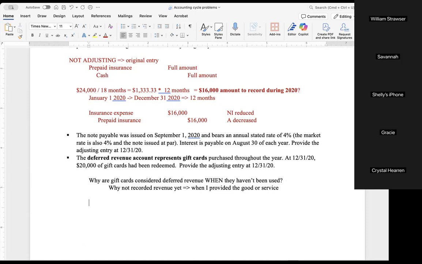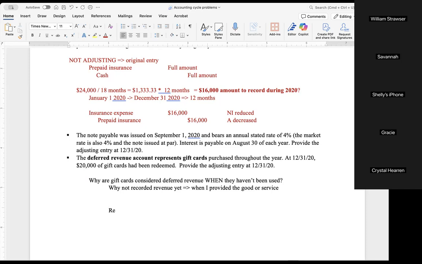So correct. But now, if they're actually being redeemed, what does that mean? I can do what? Spend them. Well, the customers are, quote unquote, spending them by redeeming them to the company. You can show revenue.